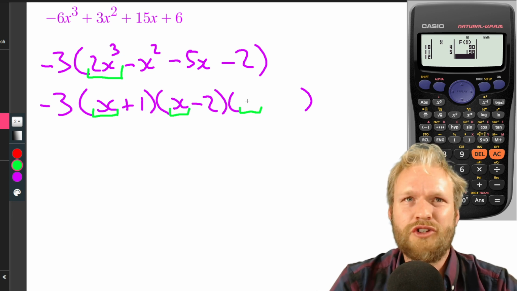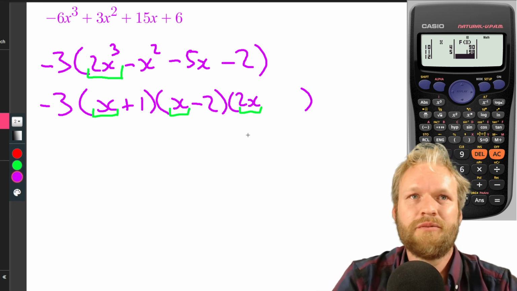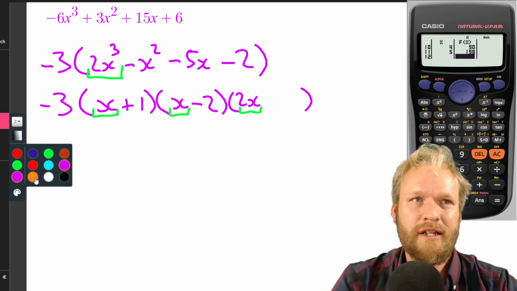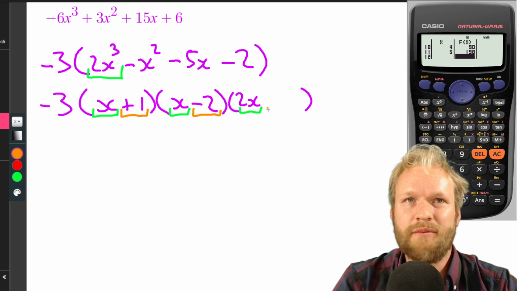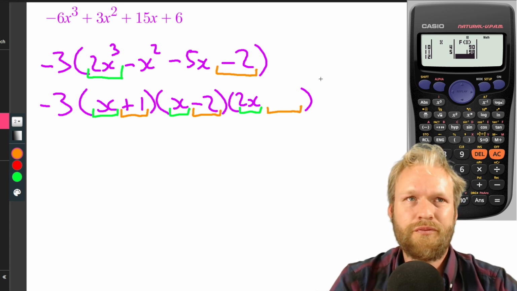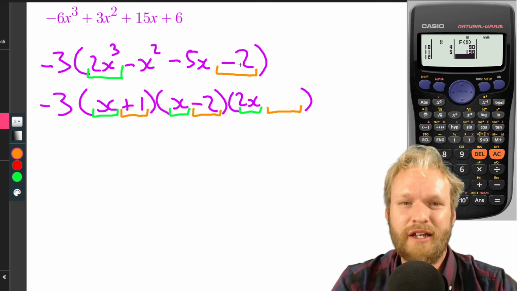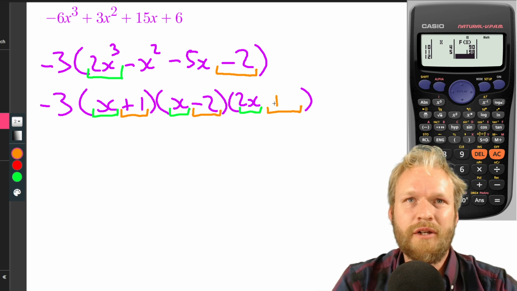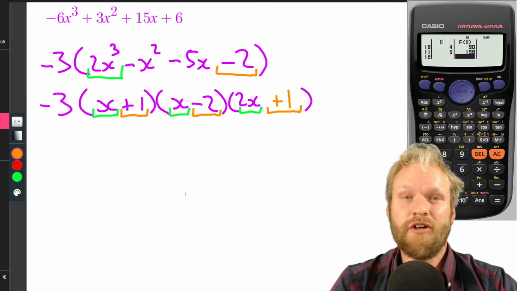So what must this term over here be? Well, it needs to be 2x. And similarly, 1 times negative 2 times something over here must give us negative 2. So let's see. 1 times negative 2 is negative 2. So what do we still have to multiply it by to get negative 2? Well, we need to multiply it by 1. And there we go. Factorized.